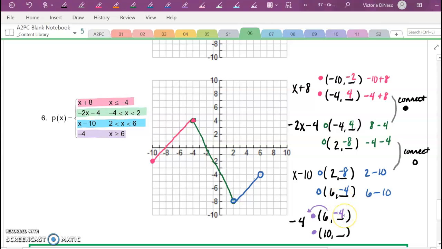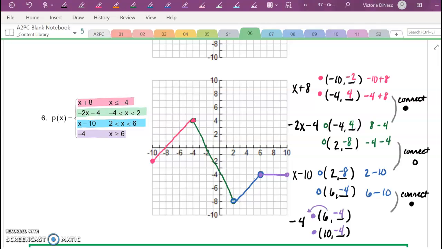So check it out. We do have a connection made. So these connect, and I'm going to have to fill in my closed circle. So we're filling it in. And then finally, we're ending at 10, negative 4. Closed circle, connect. So this is my entire piecewise function for my graph of function P.